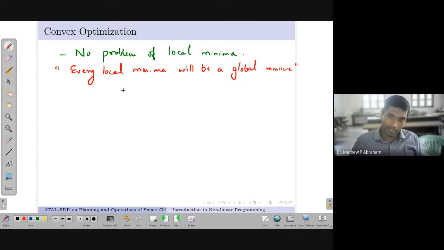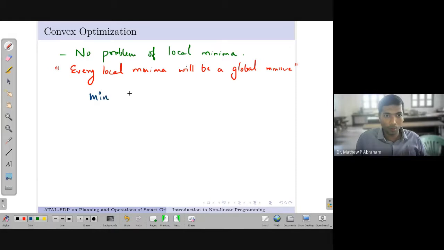There are other significances as well, but this is one of the key factors why convex optimization problem is so popular. Now, what is this convex optimization problem? With the formulation that we have discussed, it is very easy.